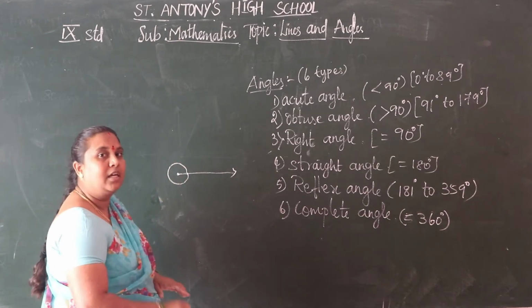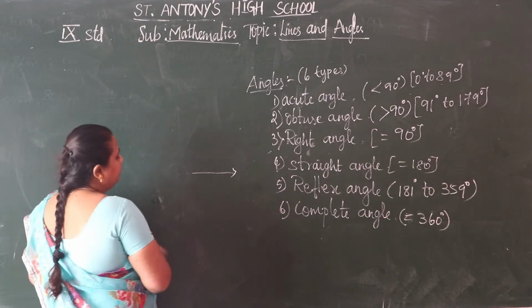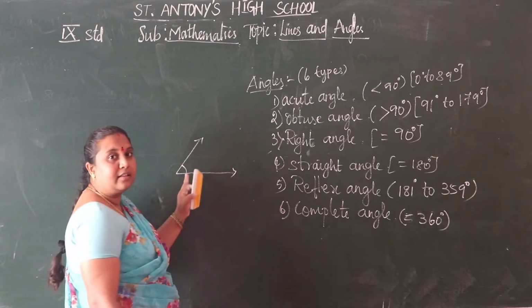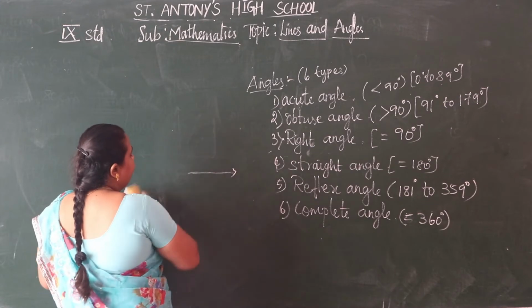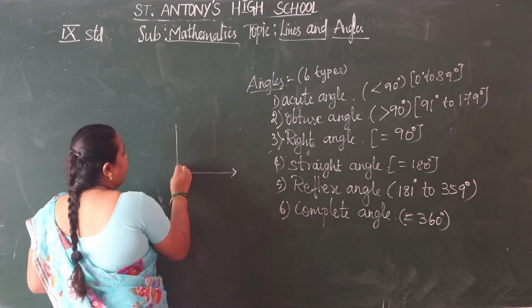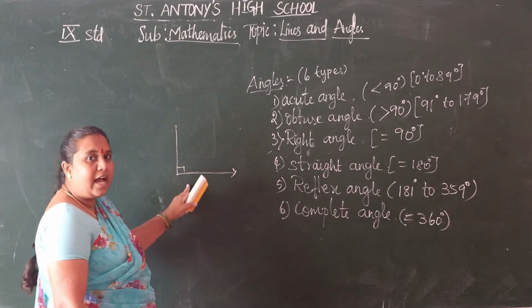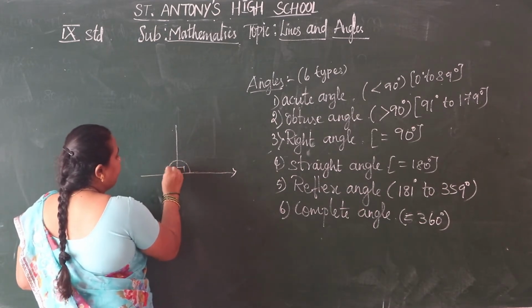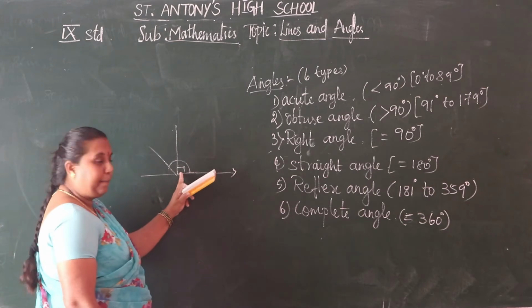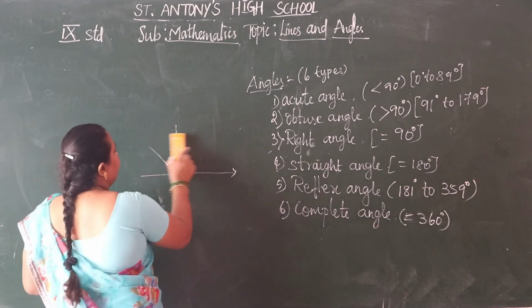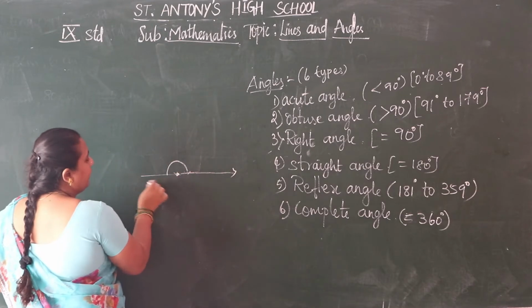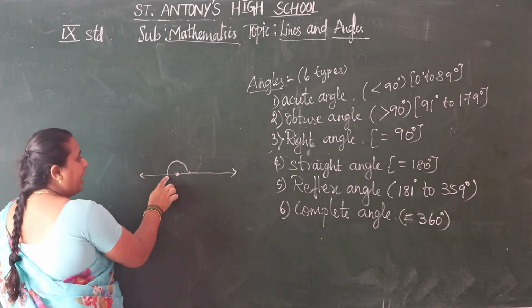Less than 90 degrees is an acute angle, exactly 90 degrees is a right angle, more than 90 degrees is an obtuse angle, and exactly 180 degrees is a straight angle.